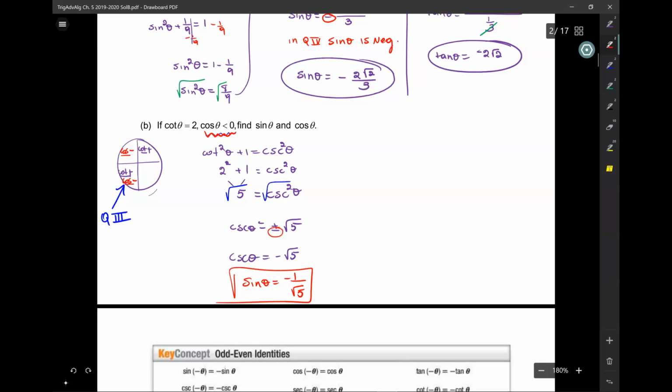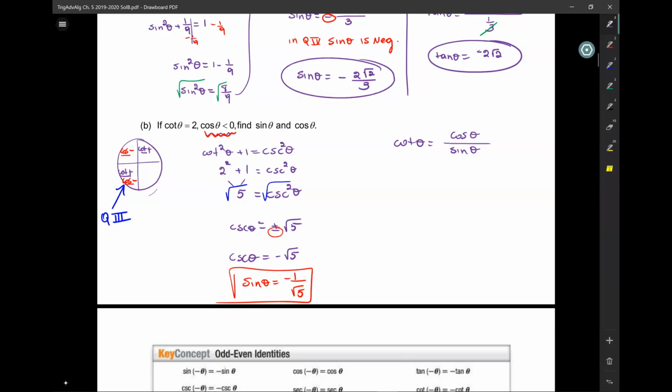Then, what else do I need to find here? Sine and cosine. Look, I have cotangent and I have sine. Can I find cosine? I totally can. Cotangent of theta is cosine over sine.